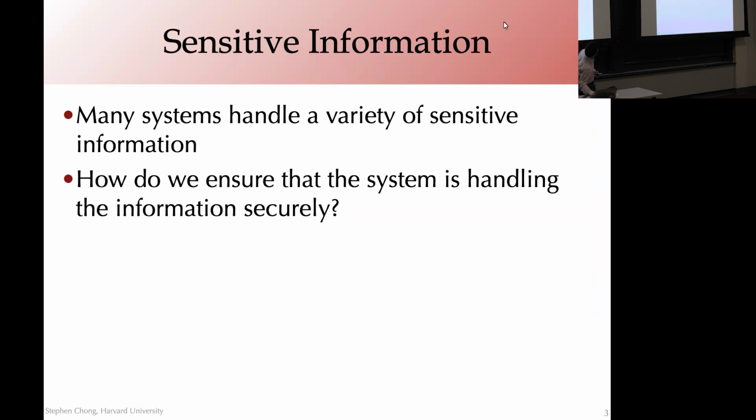So the key idea is that we have some computer systems that handle not just sensitive information, but a variety of sensitive information. Say information from different web app users or information of different medical patients. So how do we ensure that the system is handling that information appropriately, securely?